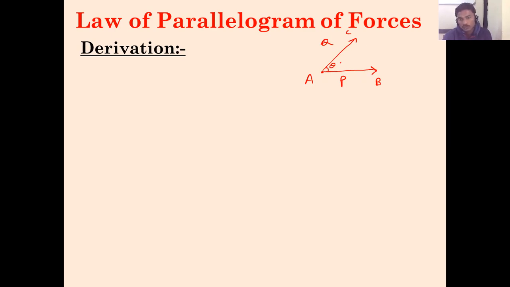Now if we represent these two forces by the adjacent sides of a parallelogram, and I complete the parallelogram, so A, B, C, D, suppose I name this point D, then their resultant can be represented by the diagonal.